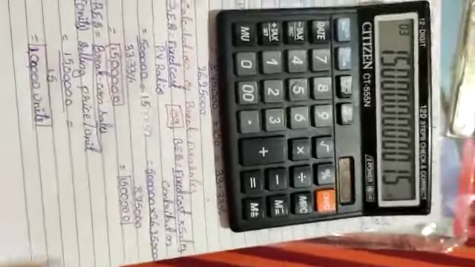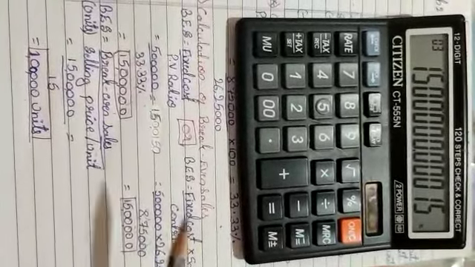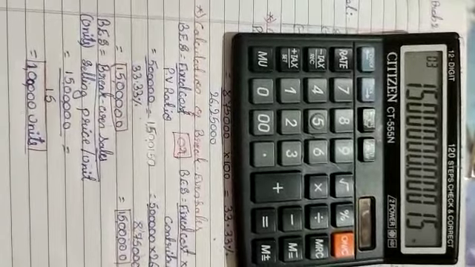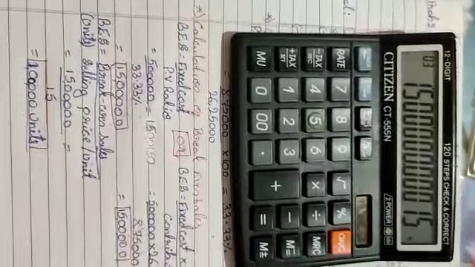Let us calculate with another formula also: fixed cost into sales divided by contribution. The fixed cost is 5 lakh, the sales is 26,25,000, and the contribution is 8,75,000.